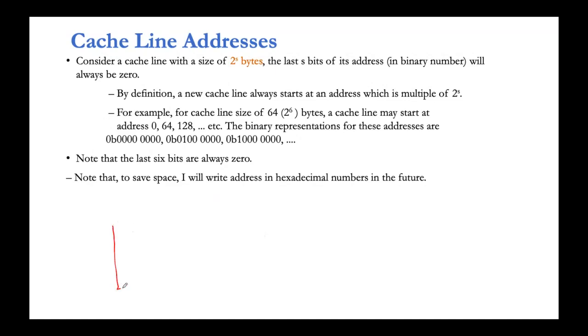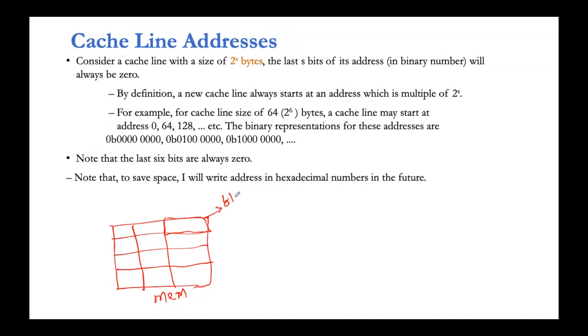In the main memory, as we said, the memory is partitioned or organized as rows and columns, and every block is treated as a block or cache line, or simply we can call it a line.